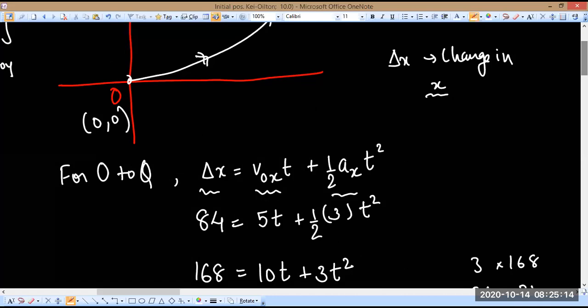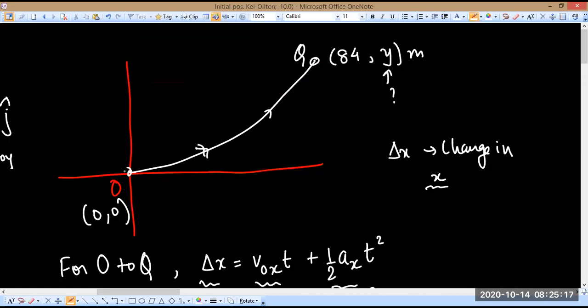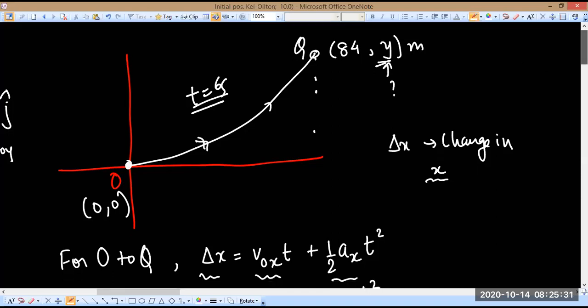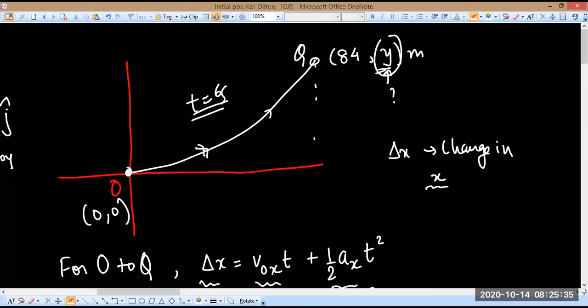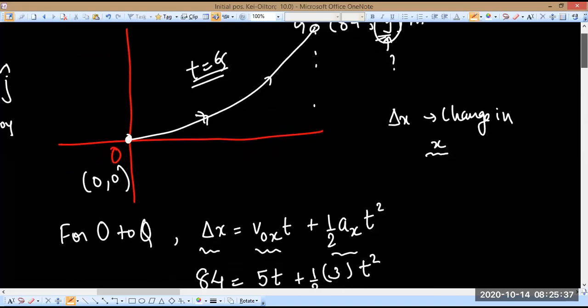Okay, so what we have found is going from O to Q, it takes 6 seconds time interval. All right. So now we have to find what is y. We have to find what is y based on t equal to 6. So we should use which equation now? If you want to find y, we should use which equation?